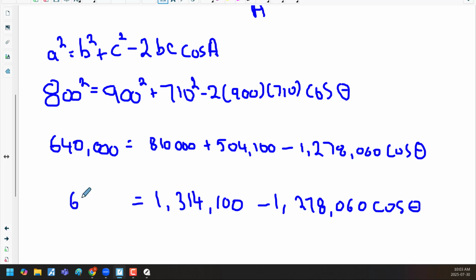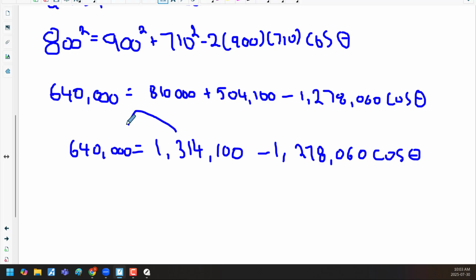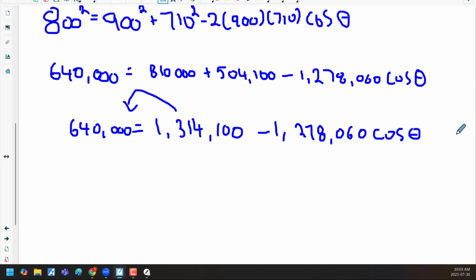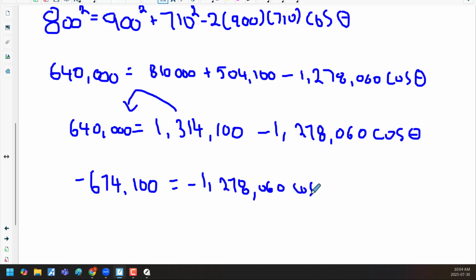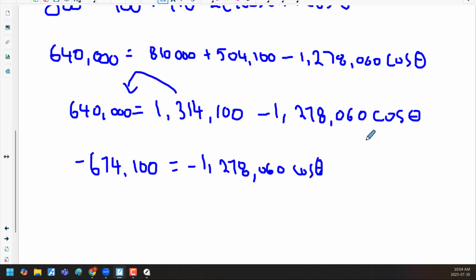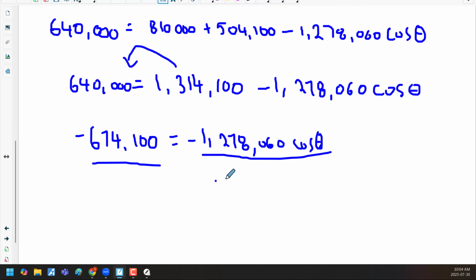These are just very big numbers. Don't be afraid. The math doesn't change. I'm going to bring this over. Instead of writing subtraction, I'm just going to subtract them because I know I have to. But be careful that you know it's a negative number. I'm going to divide both sides by this big number here.